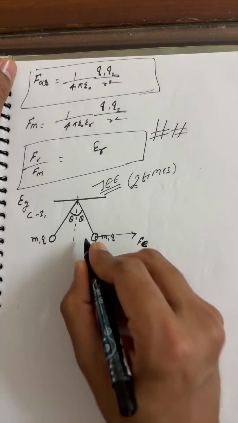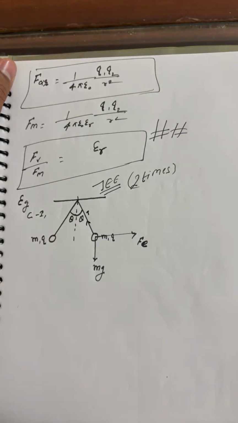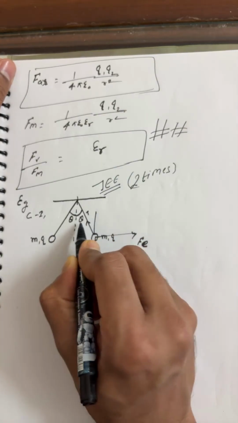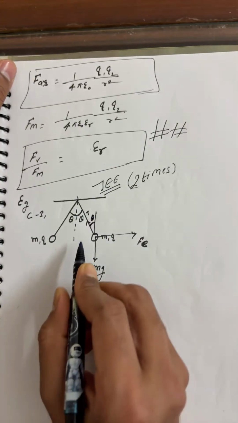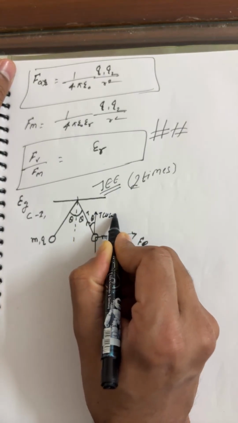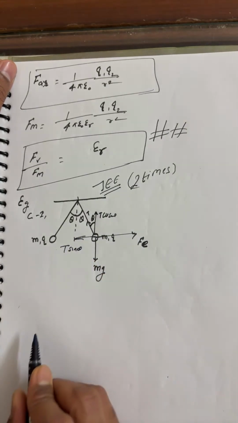Tension always acts along the string. This is theta, and the tension components are T cos theta and T sin theta.